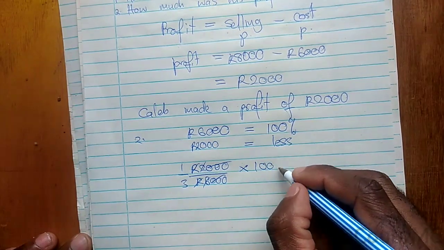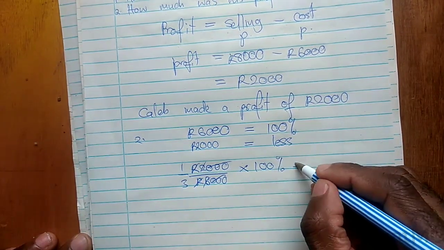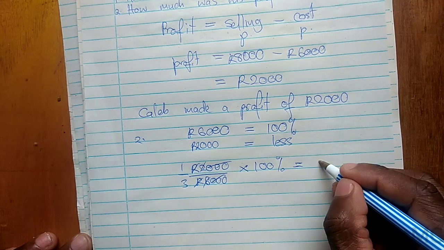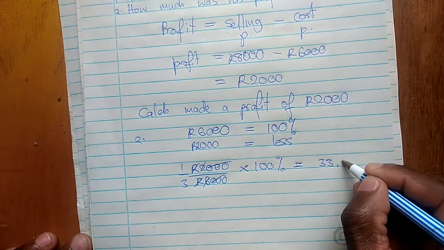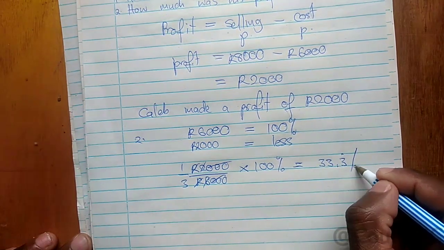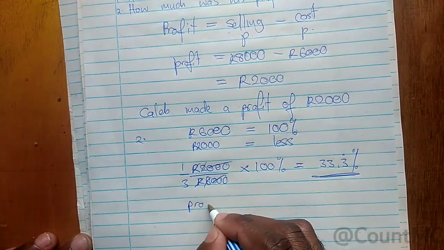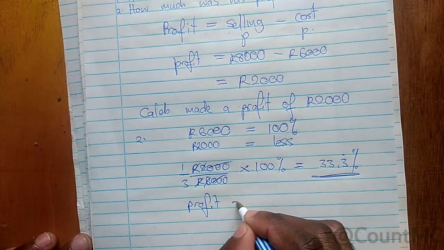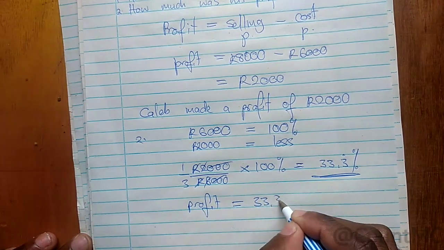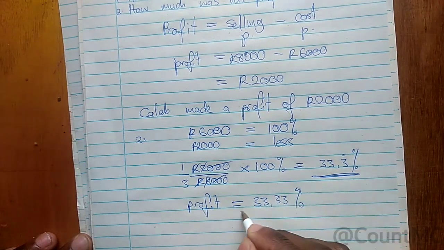So it's a third of 100%. This is 33.3 recurring percent. His profit is 33.33%.